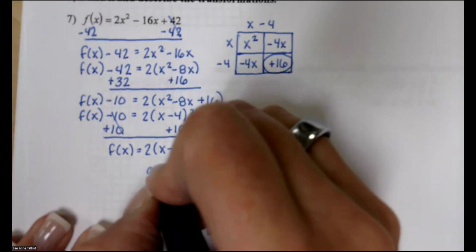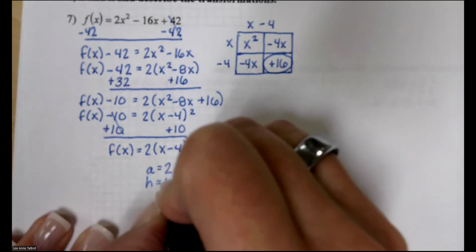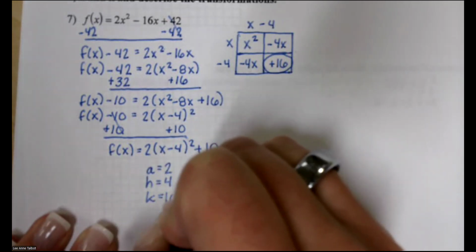Okay, A equals 2, H equals 4, K equals 10.